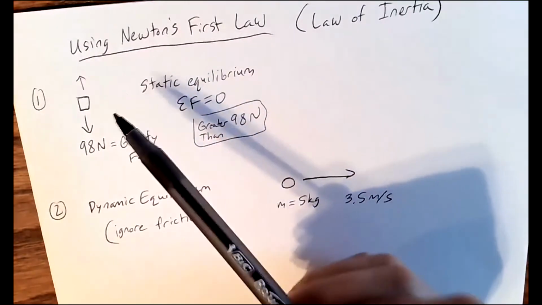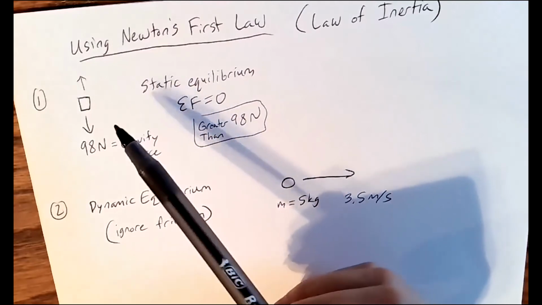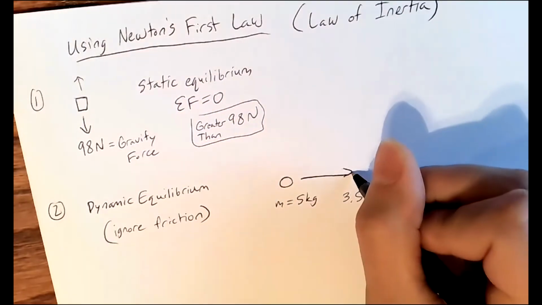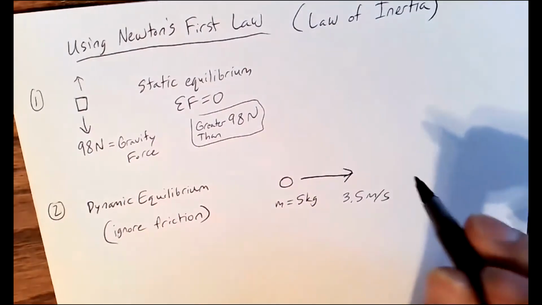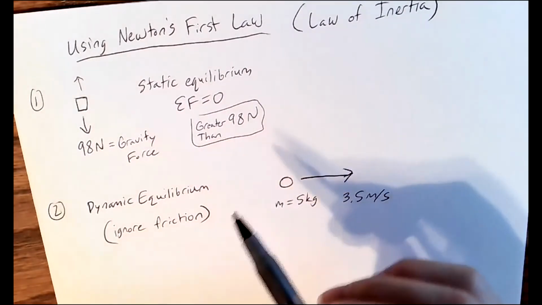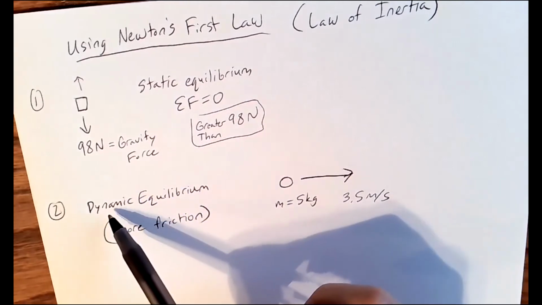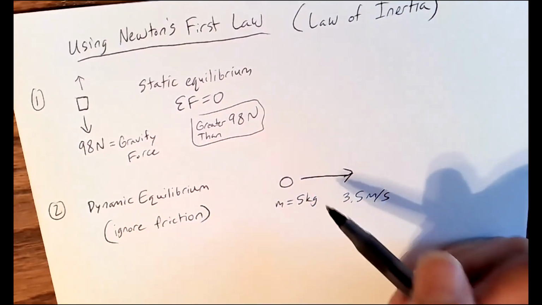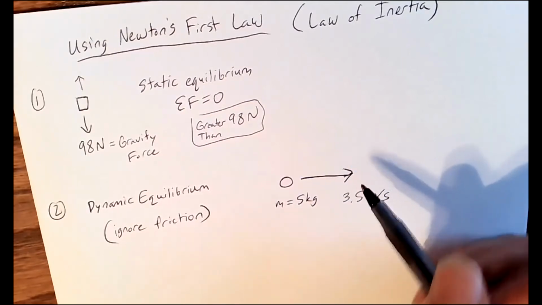So this object was in static equilibrium and wanted to stay at rest, but now this object is moving in a straight line at a constant speed, and we're ignoring friction, then it's in dynamic equilibrium. So this object wants to continue moving in this way.